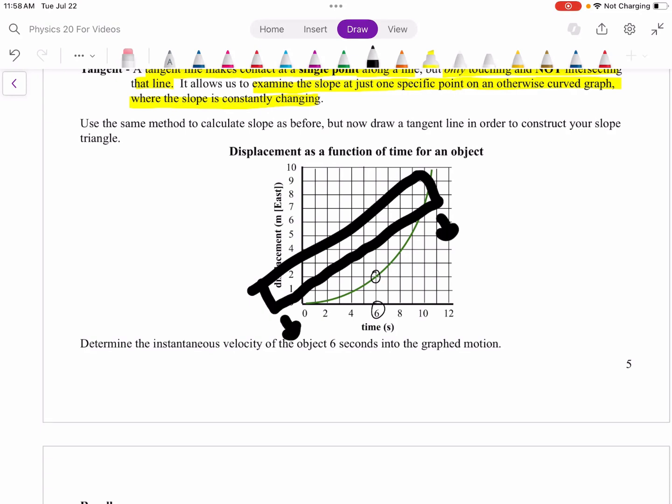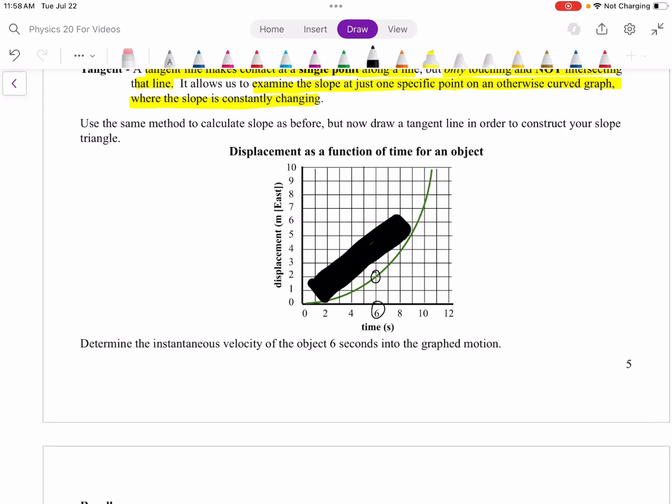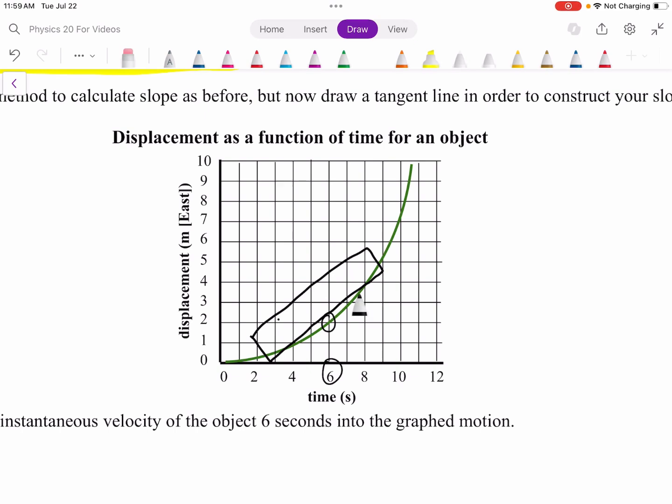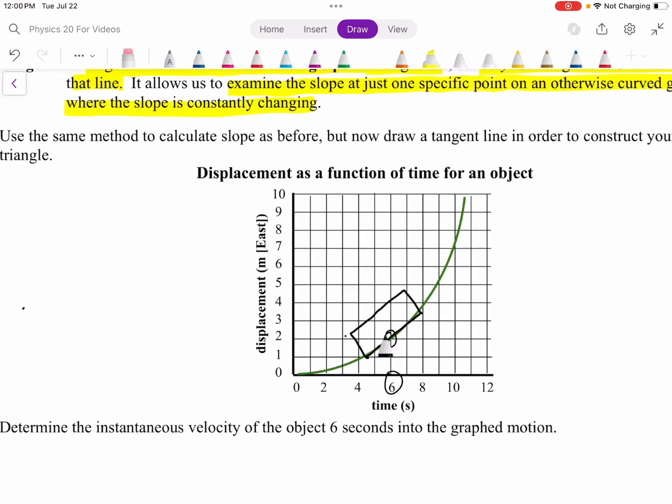What I usually tell students is you want the last thing that's going to disappear under your ruler to be that point, okay? So you just shimmy it closer and closer and closer. And you can see what I want to happen is the point that I'm interested in to be the very last thing I can see before being covered by my ruler. That's the strategy I go with, okay?